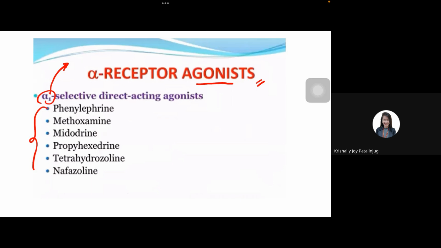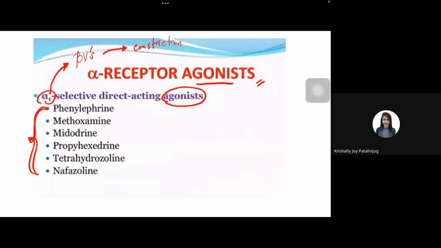Since if they are classified as alpha 1 direct acting agonists, will you consider them as vasoconstrictors nga mga gamot? Yes. Because we all know nga ang alpha 1, they are located sa blood vessels. Activation of alpha 1 in the blood vessels will cause vasoconstriction. So lahat ng mga alpha 1 agonists are also classified as vasoconstrictors.